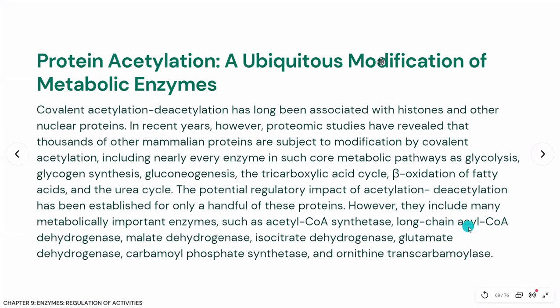Long-chain fatty acids are acted upon so that the long-chain fatty acid becomes acyl-CoA. So if this is oleic acid, once acted upon, it becomes oleoyl-CoA. If it is stearic acid, it becomes stearoyl-CoA.